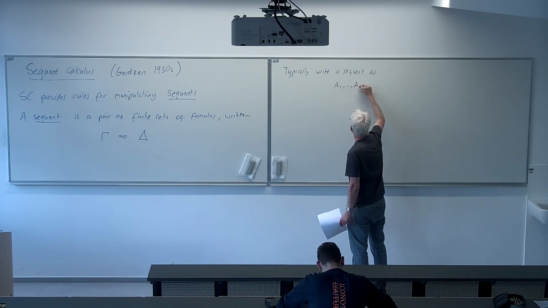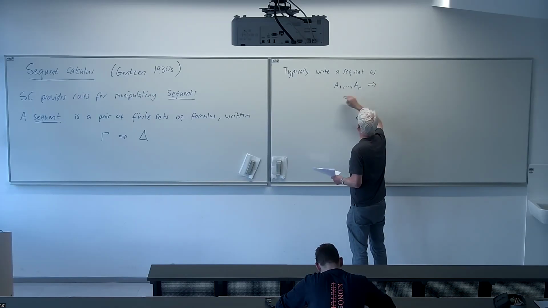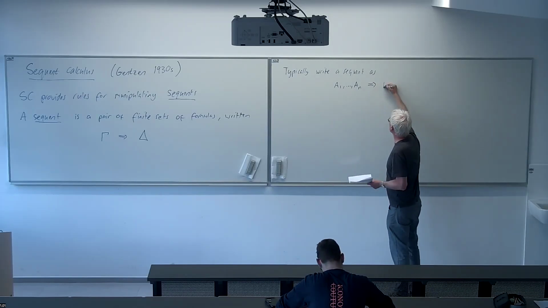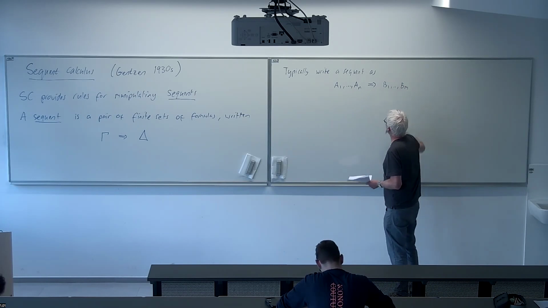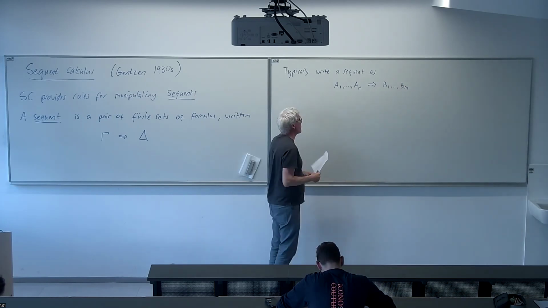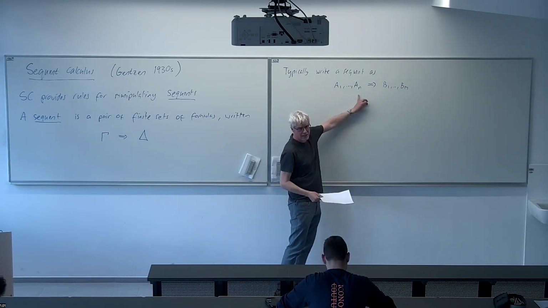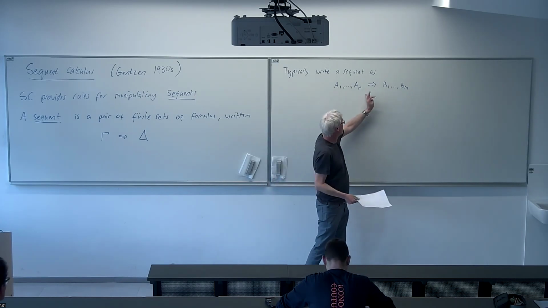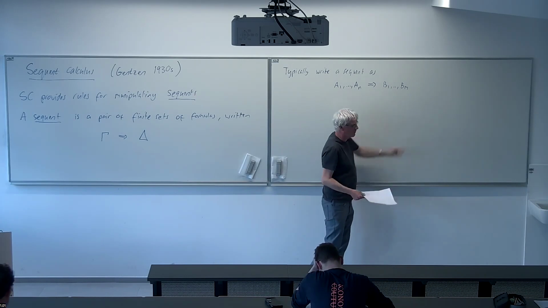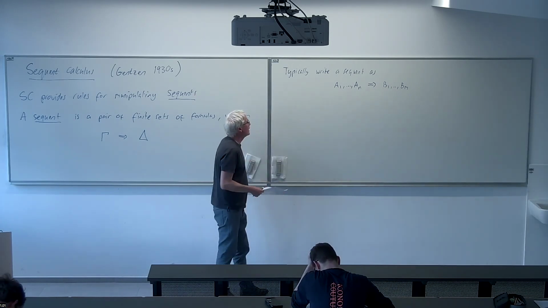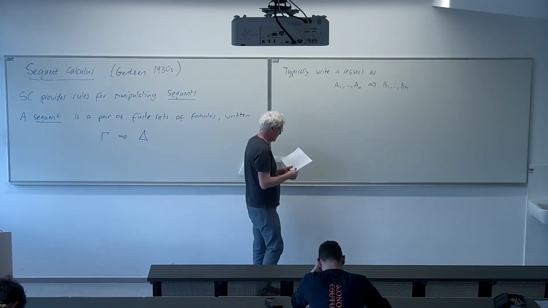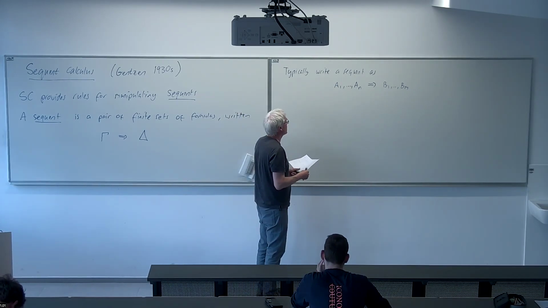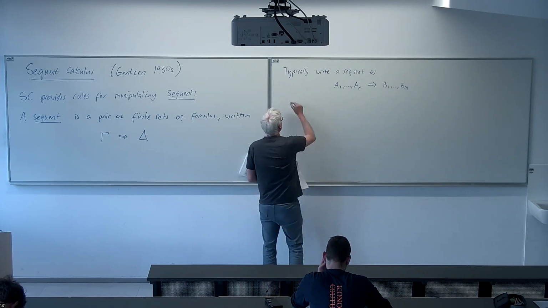So we write the sequent as though we have a sequence of formulas on the left and a sequence of formulas on the right, meaning the set of these formulas paired with the set of these formulas. And we're going to use other similar notations.